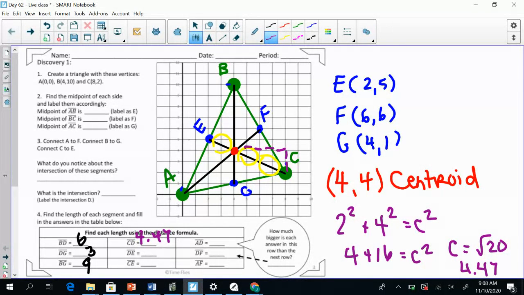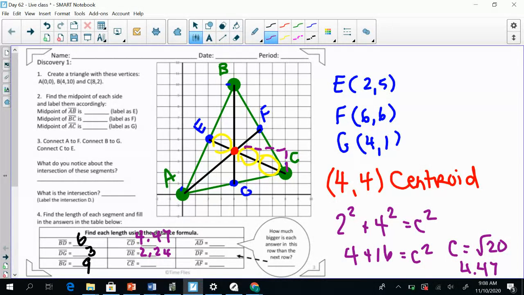And then from D to E, we know it's going to be half of that because this is 2 pieces of candy. So you can either do it again or you could just halve that. So 4.47 divided by 2 is 2.235, so 2.24. And then that means the whole thing, you'd add them together.